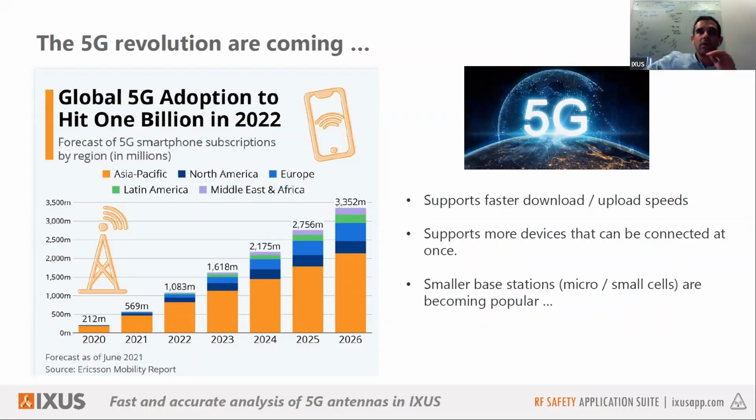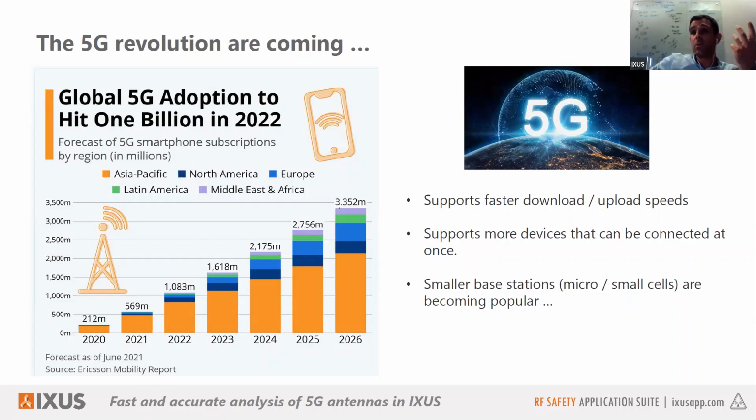If you stand back a little bit and think about what features of these 5G antennas and systems are attractive to users, it gives a bit more insight regarding the type of technology that we will have to cater for in our simulation packages. What's really fueling this adoption is the fact that these antennas support faster download and upload speeds.